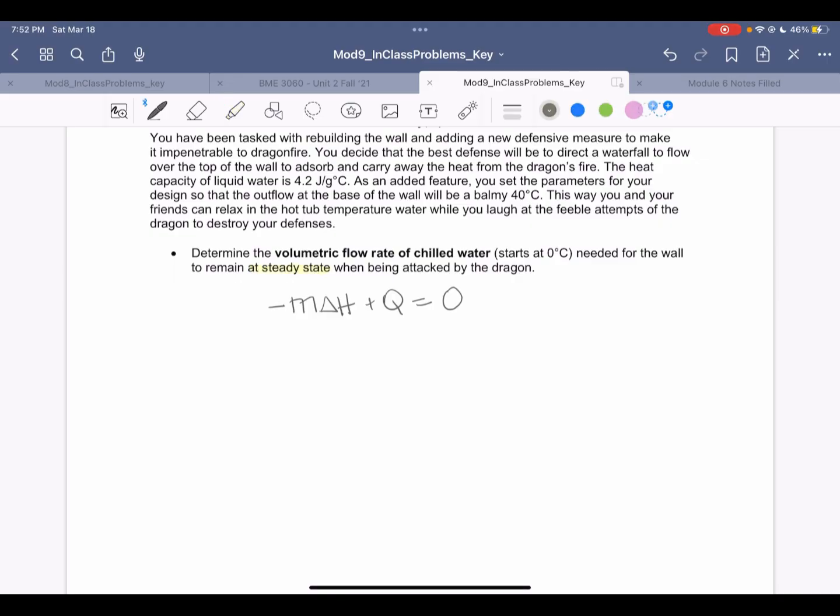Okay? So in this particular case, what we have is this change in enthalpy. This mass is referring to the mass of the waterfall.